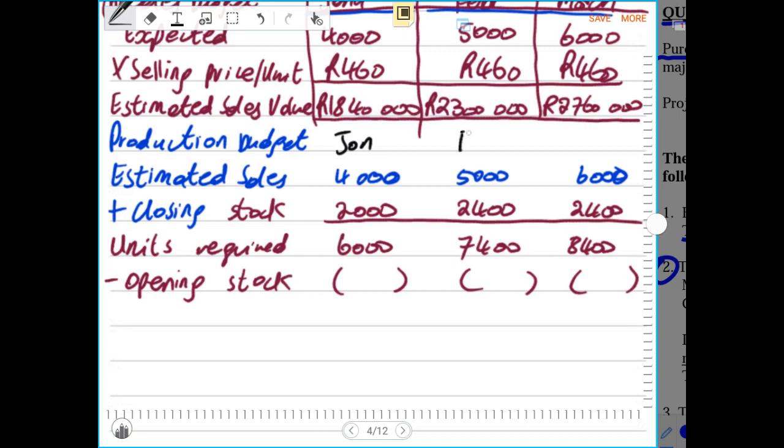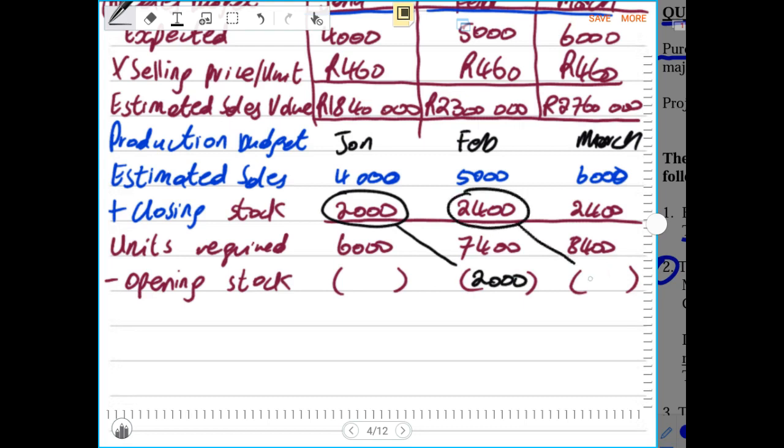Here we have January, here we have February, here we have March. The closing of the month of January becomes the opening of the month of February, so 2,000 will be the opening of this month, and the closing of February is the opening of March, that is 2,400.